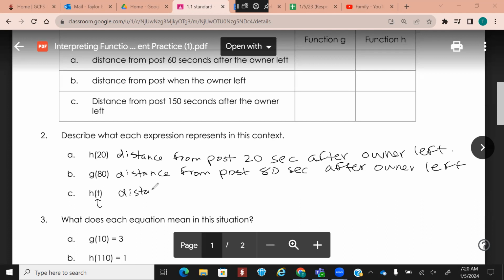We're going to say distance from post t seconds after owner left. What you're going to see most often is this one. This is talking about this scenario in generality. It's just kind of telling us what's going on in the scenario with shorthand. Any questions over that?